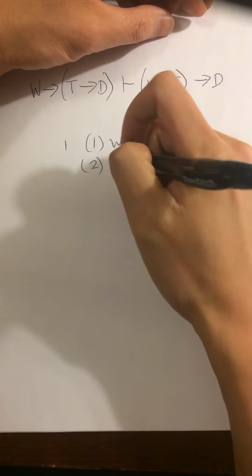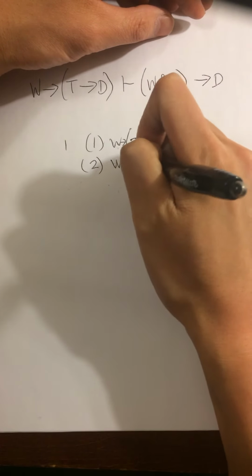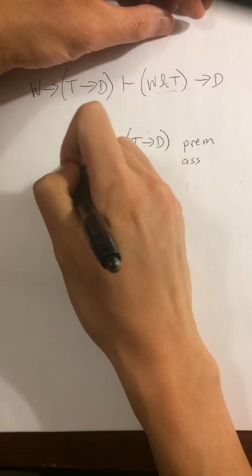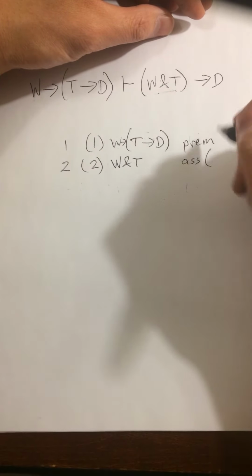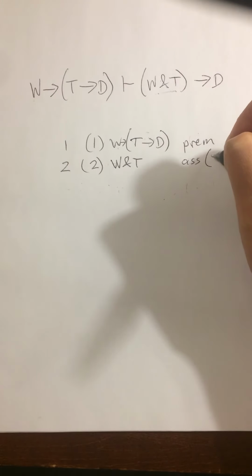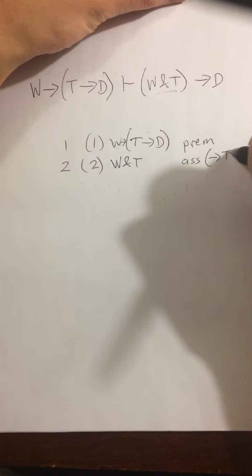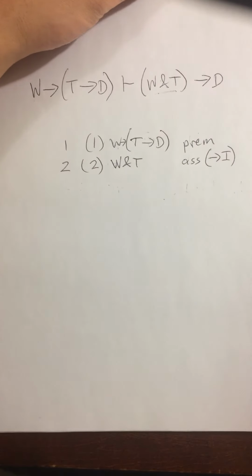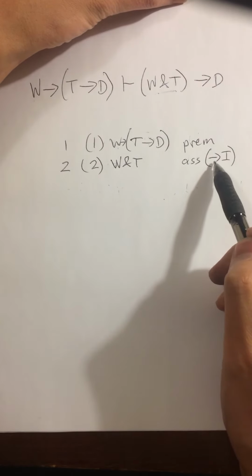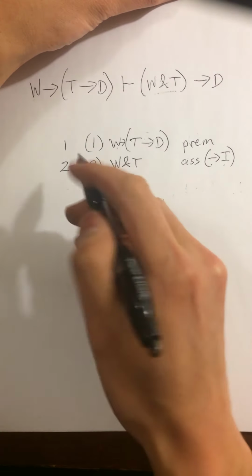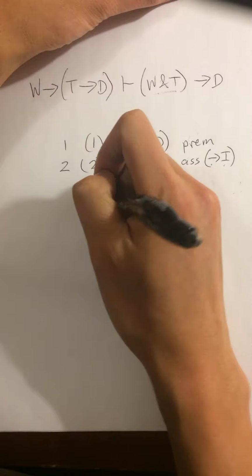So what we are going to assume is actually W and T. And this parenthetical note just tells us when we are going to discharge or remove this assumption. So when we use the rule of arrow introduction, we remove this assumption from the dependency numbers.